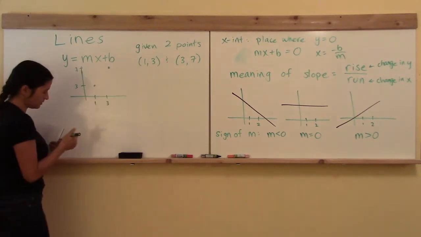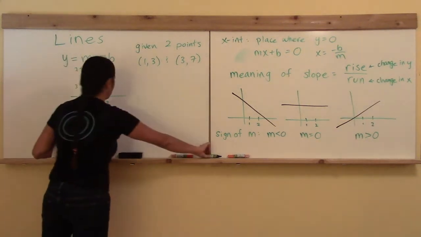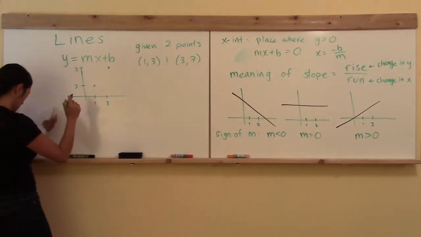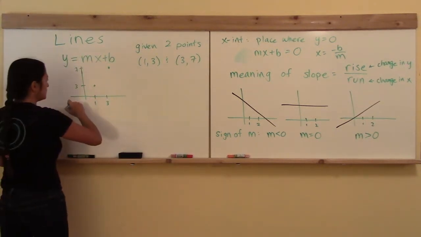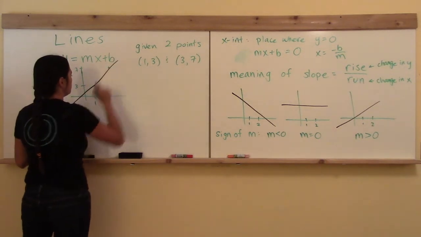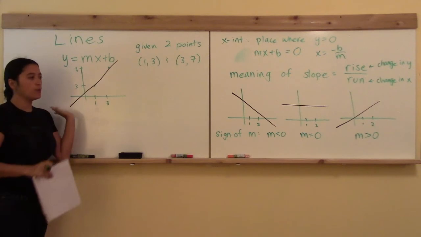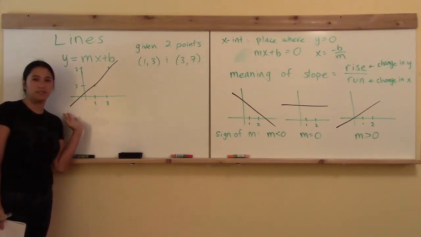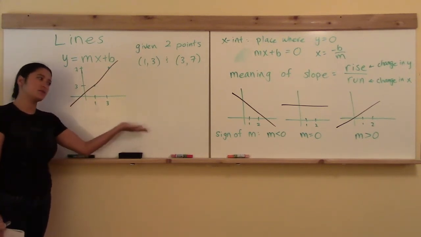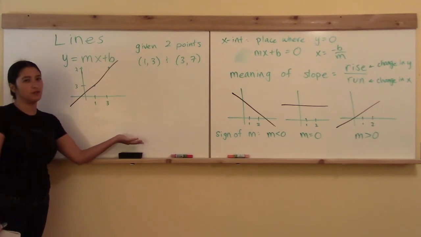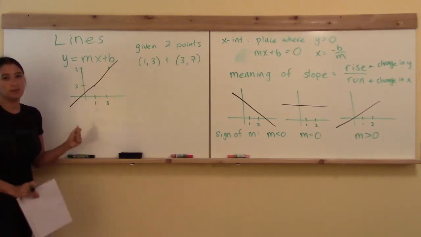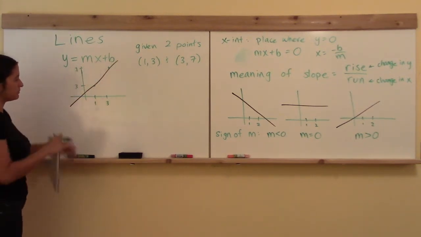The other point's right there, so I'll just use this other color in black. And it looks like my line is going to go like this. Okay, so I didn't draw it perfectly straight, but you get the point. What do you think the value of m is going to be in its sign? You think it's positive, negative, 0? That's right, it's going to be positive because it's going up like this.